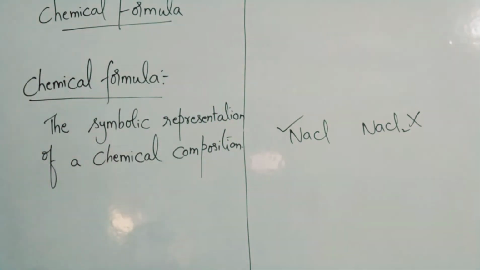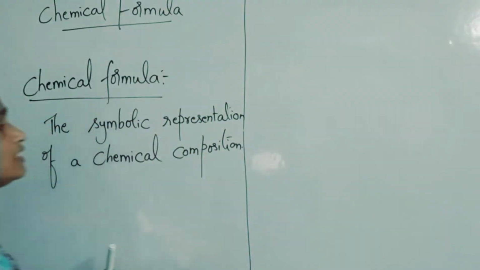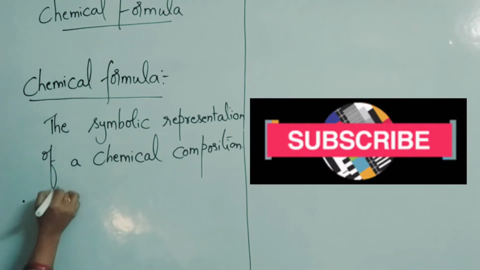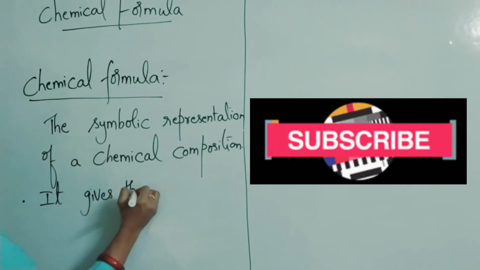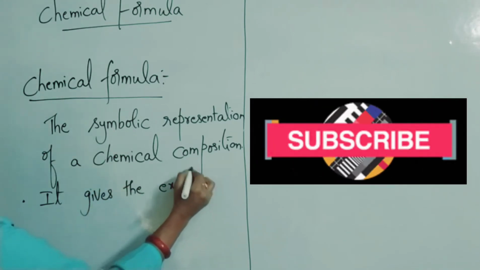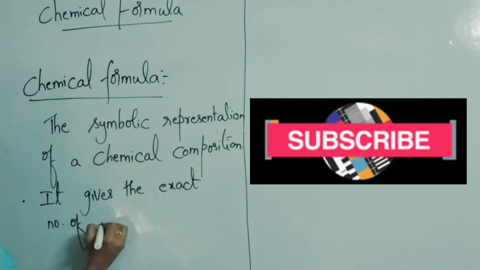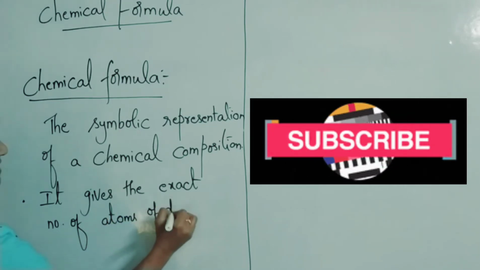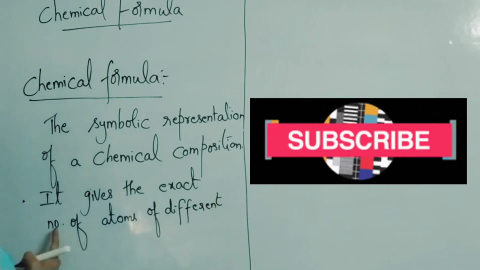Okay, so please try to write the definition also, very much important. The symbolic representation of a chemical composition. It gives the exact number of atoms of different kinds present in a compound. Exact number of atoms.